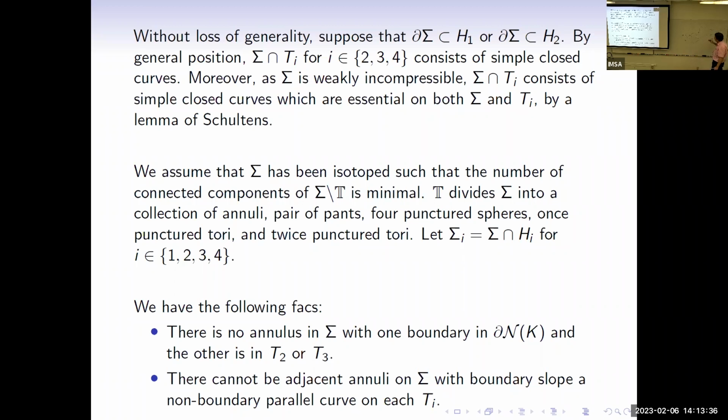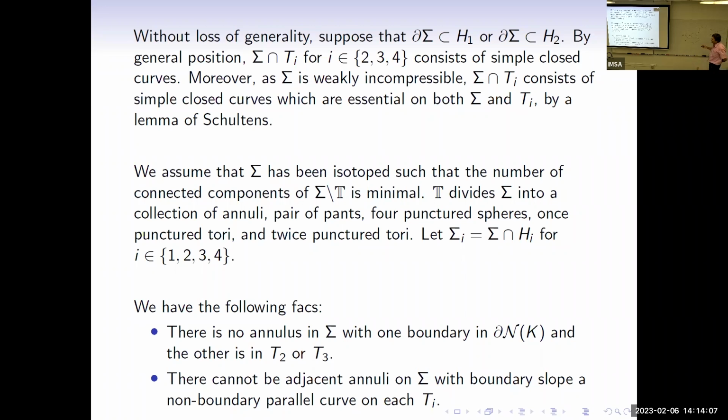Now, because this is incompressible and the surfaces are Seifert, pi-1 incompressible, we can isotope the surfaces so that the intersection curves are essential in both surfaces, no? By a lemma of Gabai.